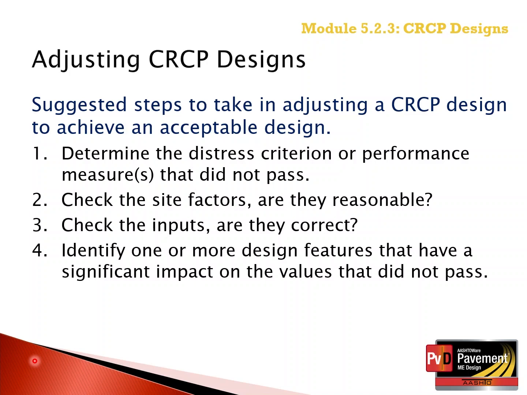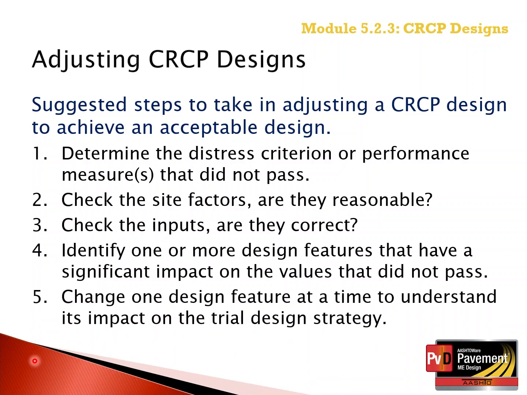It's generally suggested to make one change, or change one design property or feature at a time, so the designer can understand what impact that has on the distress criteria that did not pass. And then finally, the fifth is to change one design feature at a time to understand its impact on the trial design.